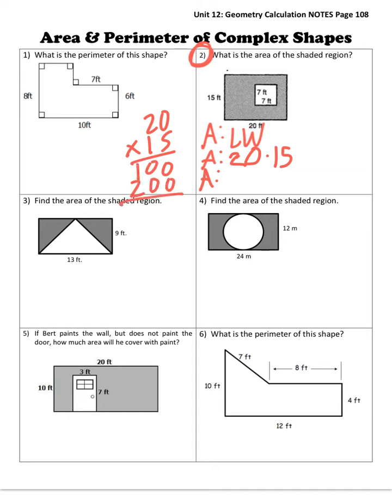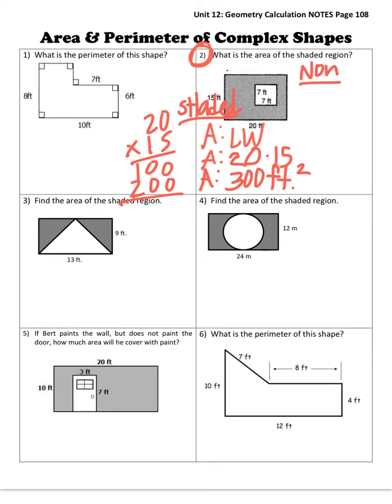So that's 300. So that's the shaded. The non-shaded, I'll just call this the non. Again, notice how I label everything.